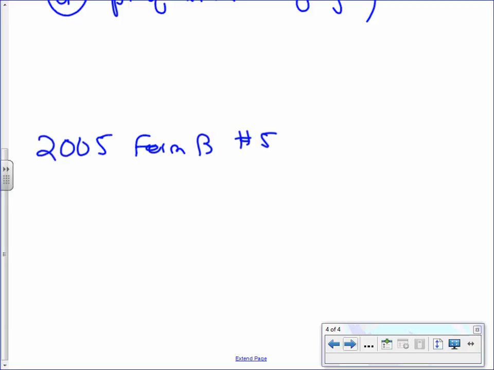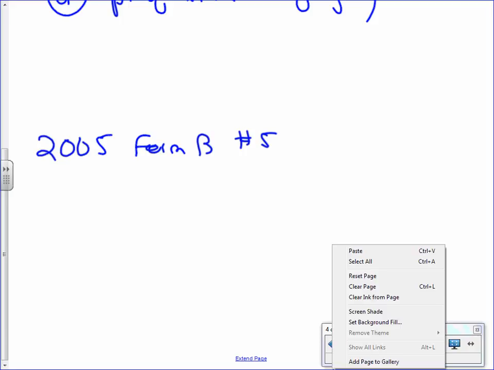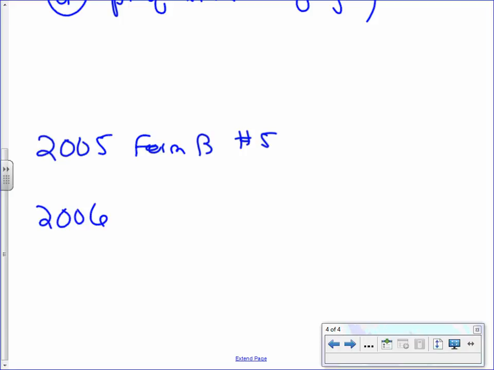See if you can find it in 2006, the first part. Don't go to the Form B. Did you find it? Which one is it? 2006, number 3. Okay, let's see if I have a comment about that one.